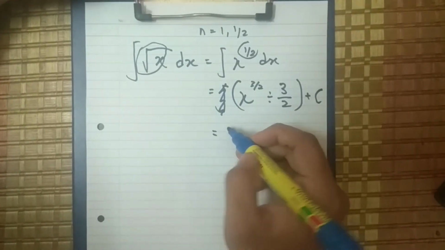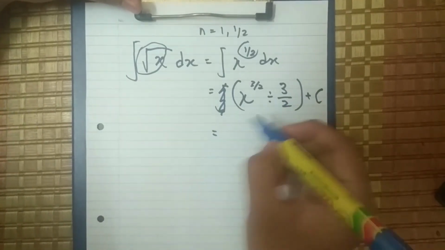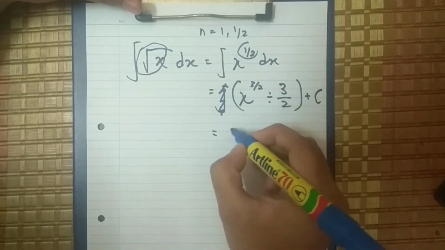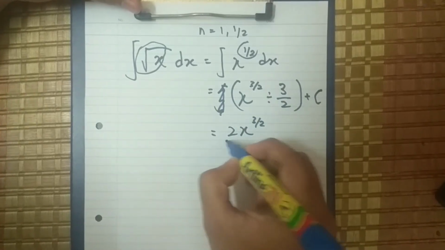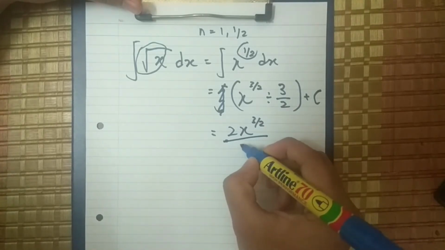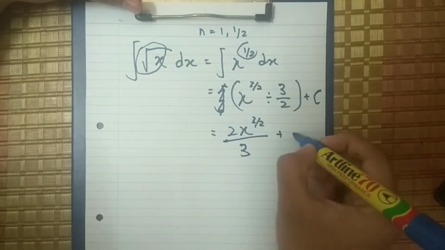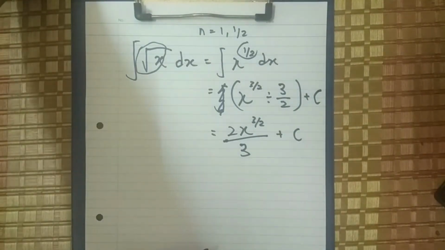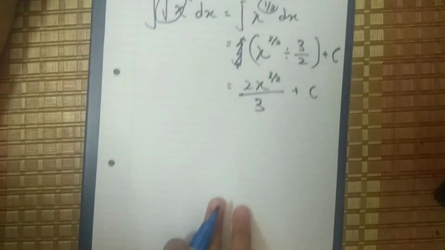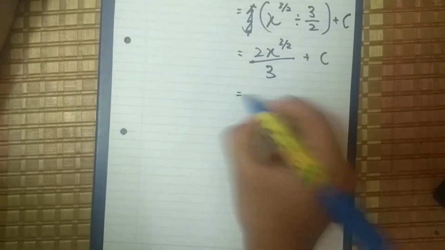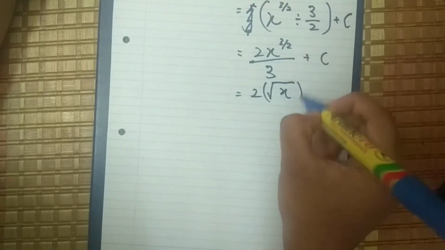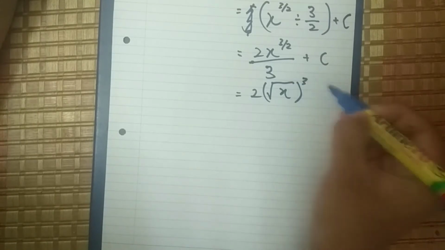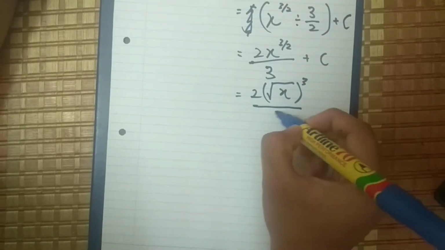Then we get the exact same answer as previously, 2x to the power of 3 over 2 divided by 3 plus the constant c. We can also write it as 2 times the square root of x to the power of 3, divided by 3 plus c.